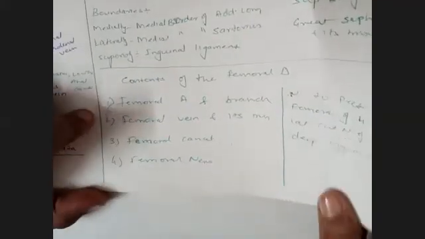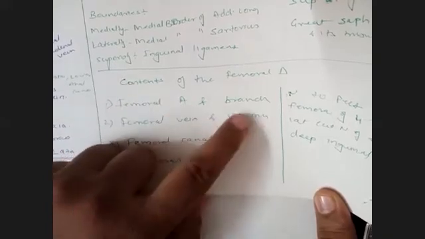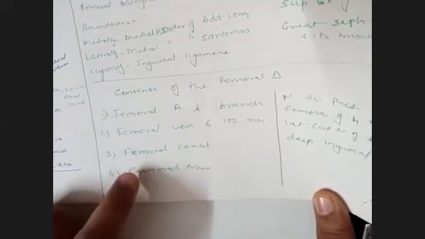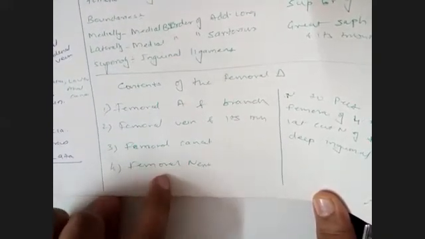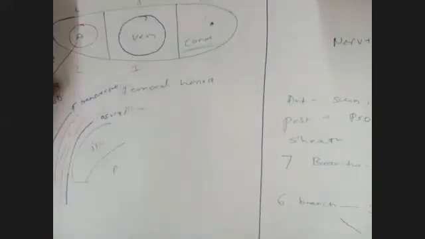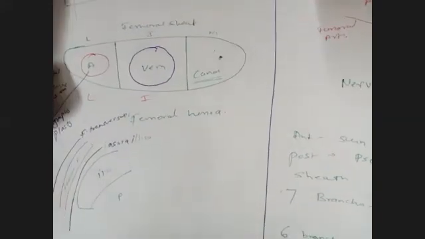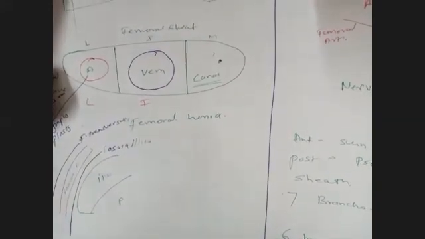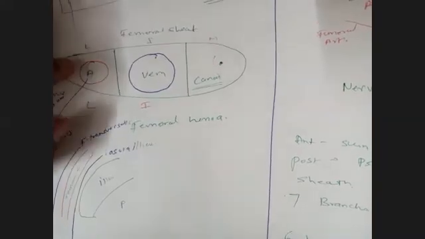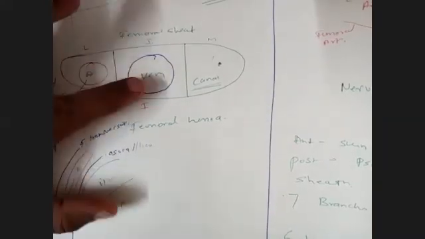What were the contents of the femoral triangle? Femoral artery and its branches, femoral vein and its tributaries, femoral canal, femoral nerve, of course the inguinal lymph nodes, deep inguinal lymph nodes, nerve to pectineus. Okay. Then we studied the femoral sheath, which was covering the artery, the vein, and canal.